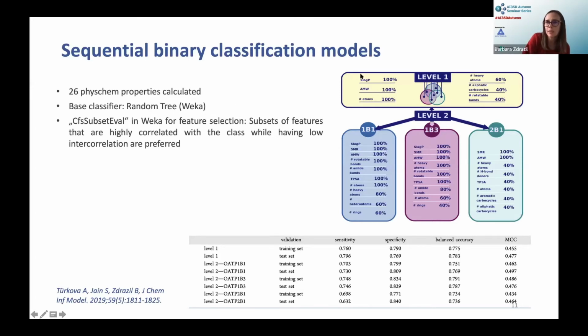This level 1 model, on the right-hand side, uses a data set of general non-inhibitors, so compounds measured inactive against all 3 targets, and the actives are basically any inhibitor on any of the 3 targets. Then we have the level 2 models, where we wanted to predict each and every target separately. What we were interested in is whether we see different features popping up as important for model building.